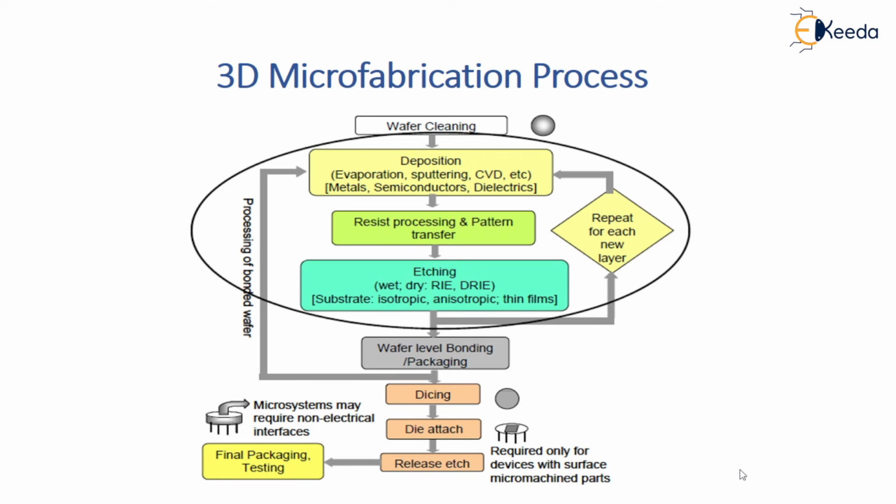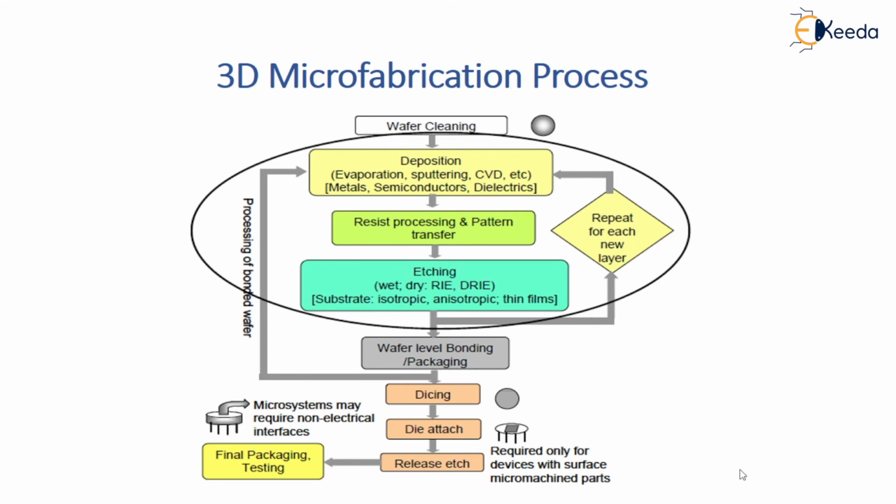So if you observe, bulk, dry or wet etching of a relatively large amount of silicon substance is used, and etching will be done on structural layers and sacrificial layers. Okay, so there are isotropic, anisotropic, and thin film substrates.